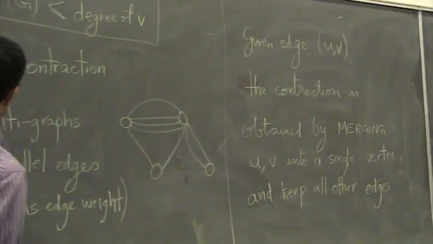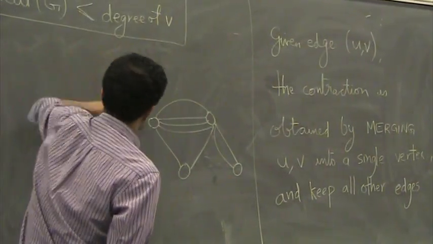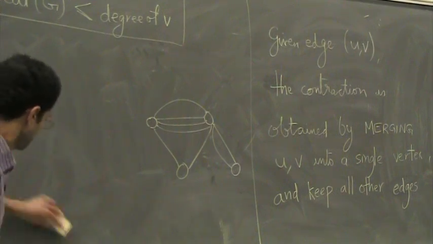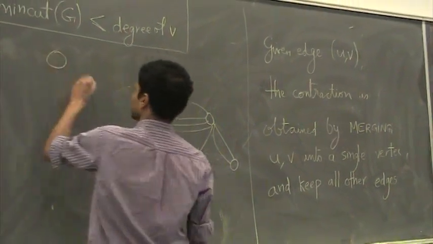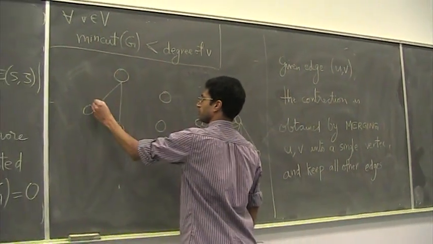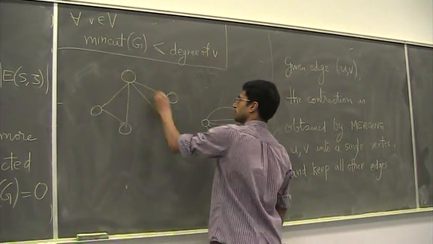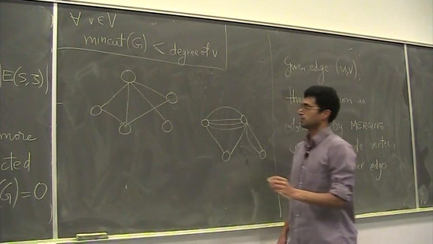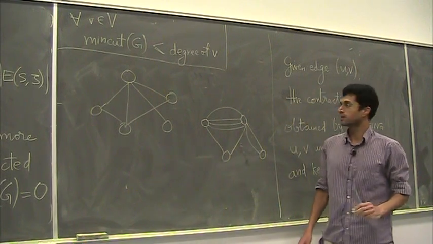Or let me start with a different picture. So let's take a graph with 5 vertices, something like that.